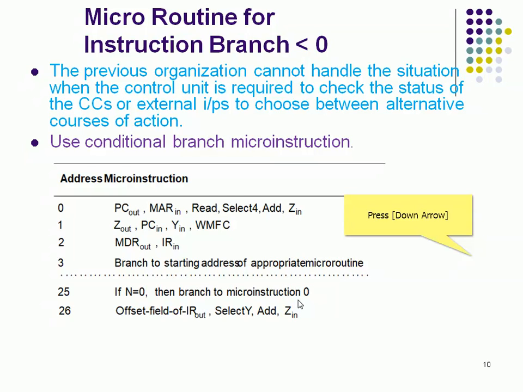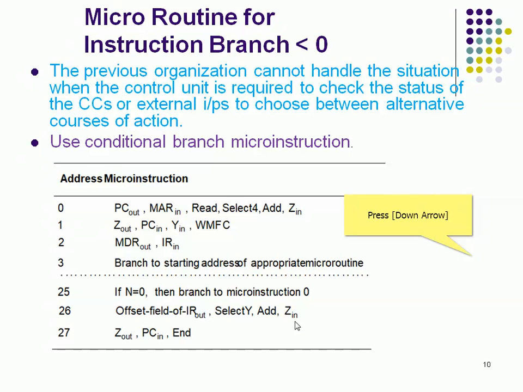Branch taken means the target address needs to be computed. How can we compute the target address? That is from the offset field of the IR. The IR format tells us the operation and operands, and the operand may be an offset also. The offset field of the IR will be considered here, and we put it to the ALU: select Y, add, Z in, right? Select Y means the offset will be entered into Y, and the current program counter, which is on the bus, will be entered into the ALU via B. Both are coming there, and the program counter gets added with this offset, so it generates the target address.